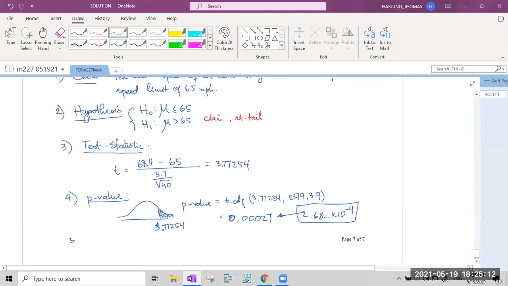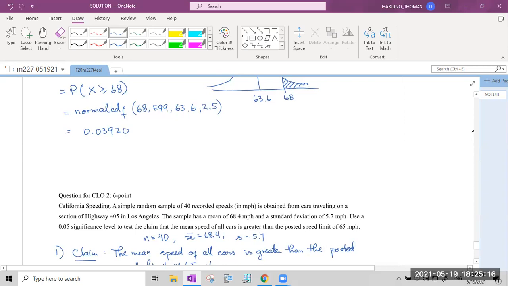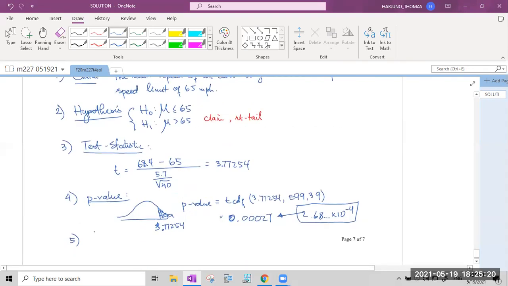Okay, I don't know what the alpha is though. I forgot. Yeah, 0.05. So the informal conclusion: reject the null hypothesis.